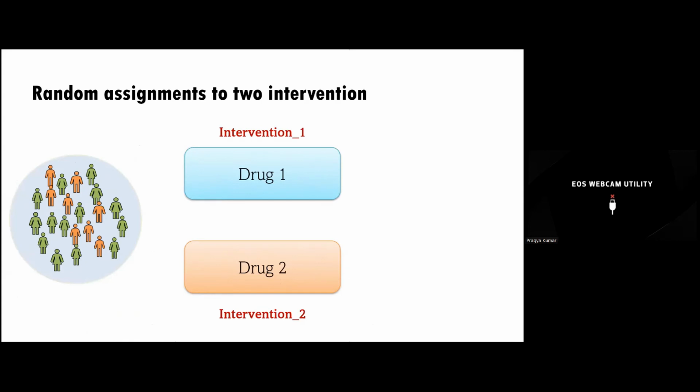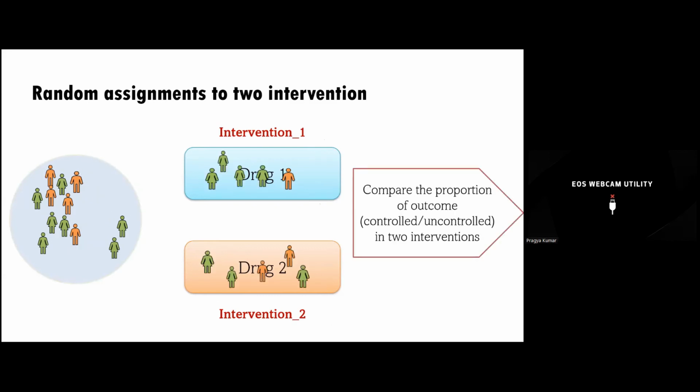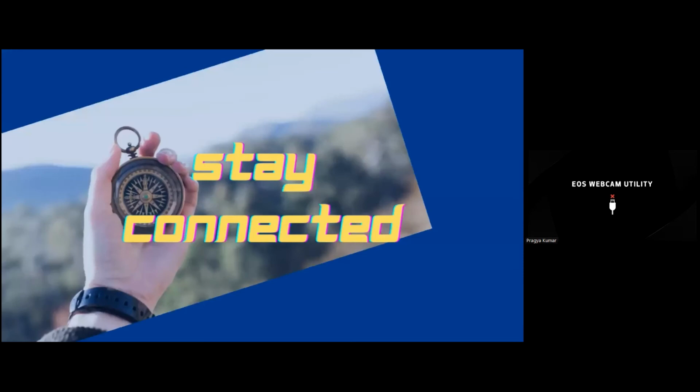Or if a single group is there, but you have assigned two different interventions, like in the first case you have given drug A, and after some washout period you have given drug B or any other intervention, and you want to compare the outcome in intervention 1 and intervention 2, then you can use this chi-square test of two proportion.